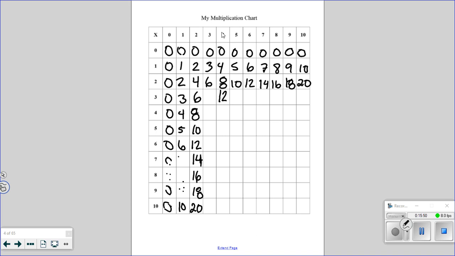Penelope, we're going to do 4 times 4. What's 2 times 4? 2 groups of 4? 8. Now we gotta double it again to get 4 groups.